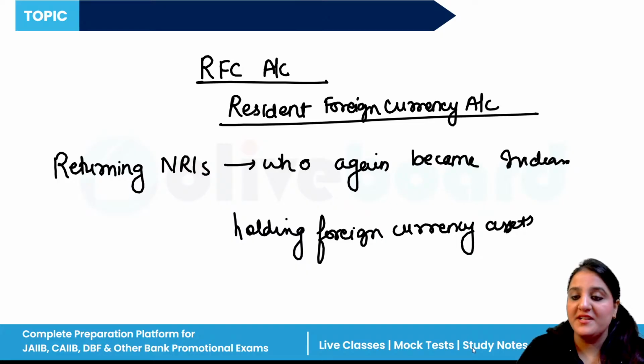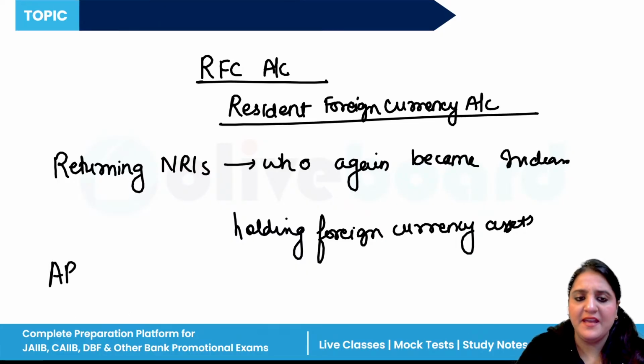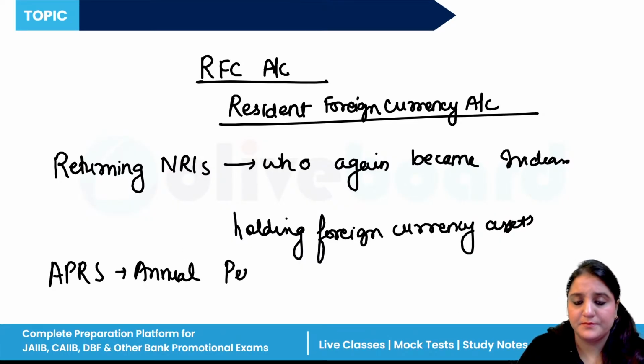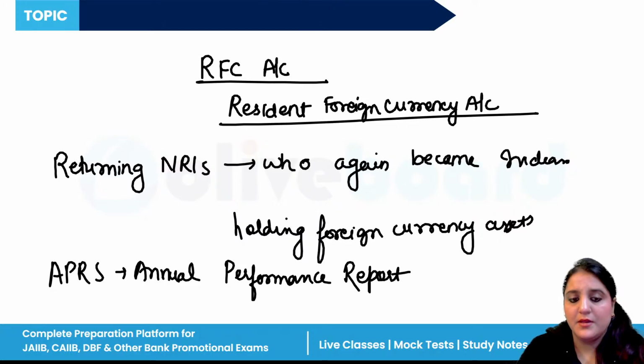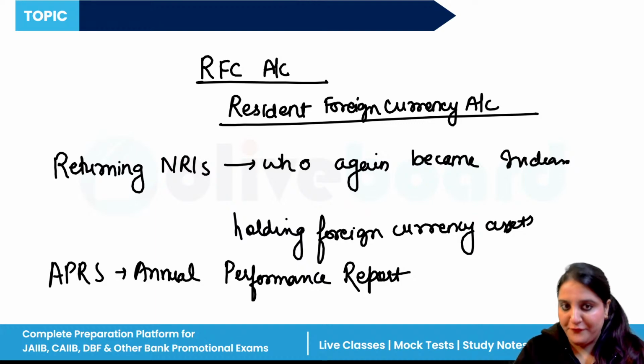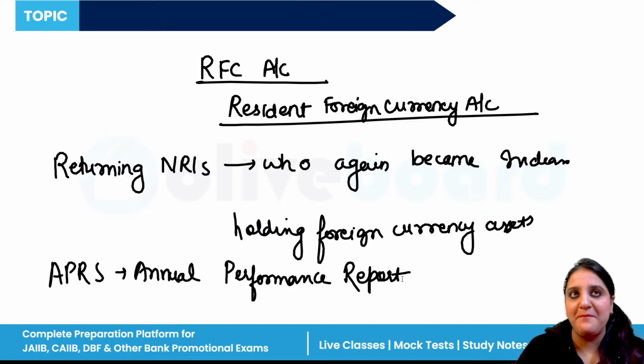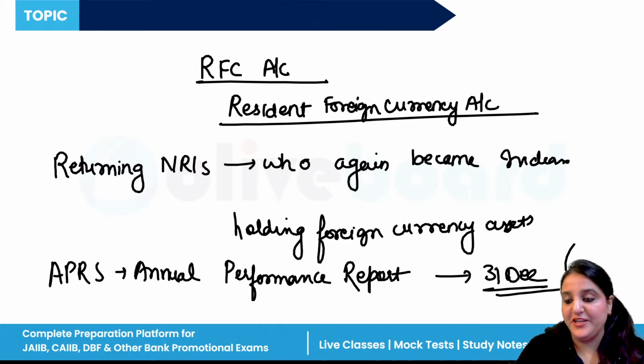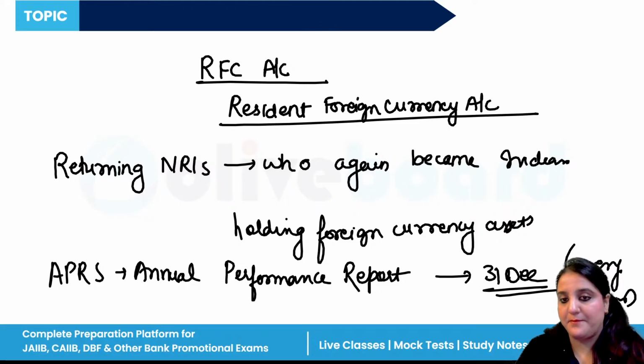So what is the meaning of APR? APR is the annual performance report. The annual performance report must be submitted to the RBI through the authorized dealer bank by 31st of December every year, right?